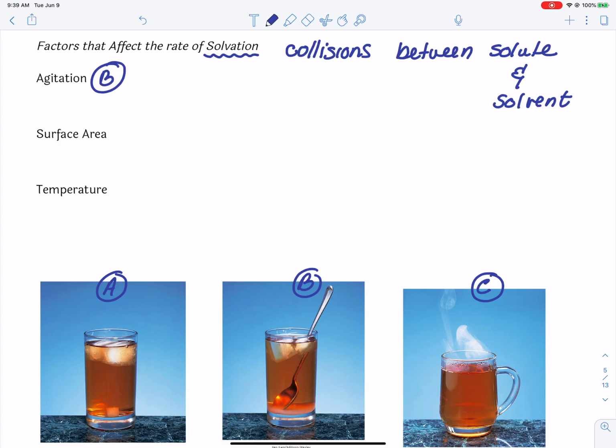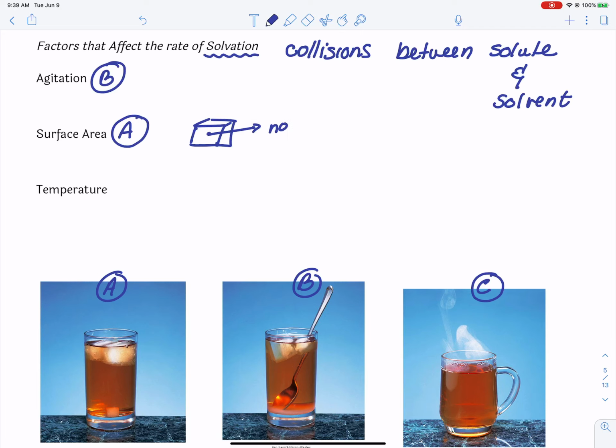The next one is surface area. And which one of these pictures is representing a difference in surface area? Well, that would be A, right? If you look at A, you have a sugar cube. So think about the sugar molecule that's way in the middle.